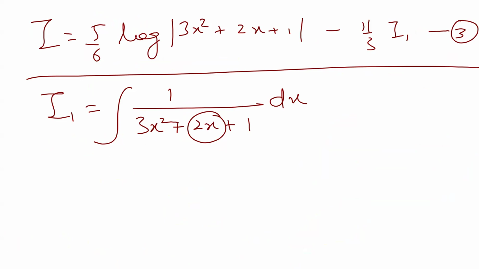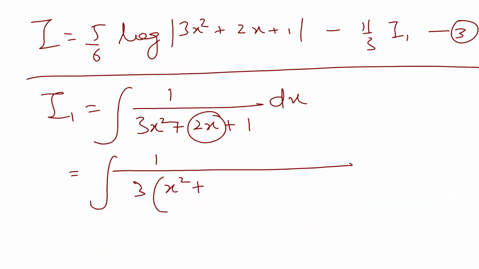So the coefficient of x square, 3, has to be eliminated. So 3 into x square plus 2 by 3 x plus 1 by 3 dx. 2 does not have 3 along with it, so I'm writing 2 by 3. 1 does not have 3 along with it, so I'm writing 1 by 3.